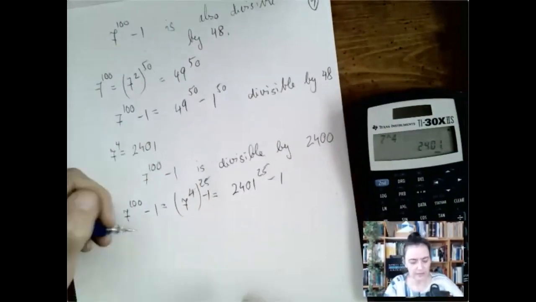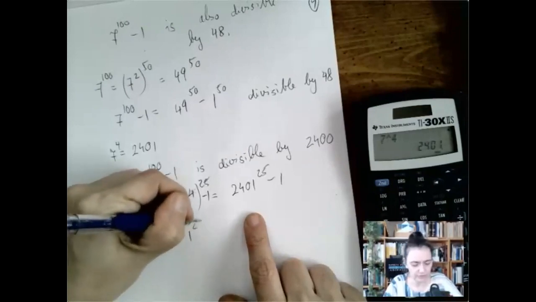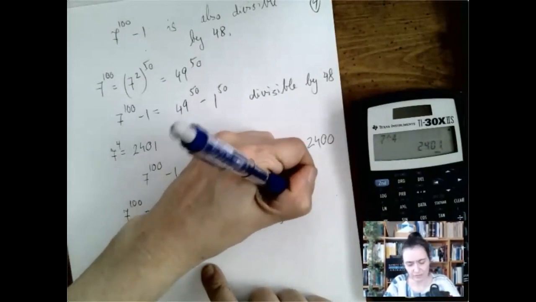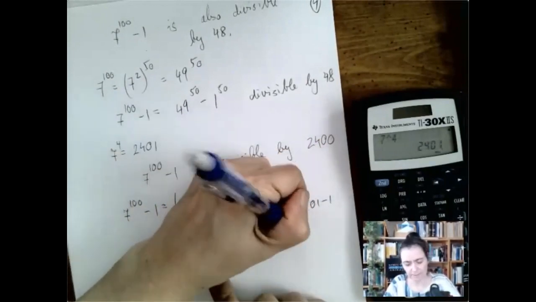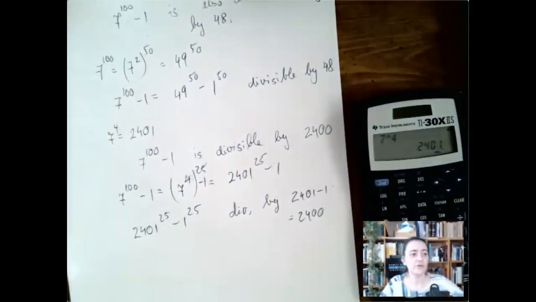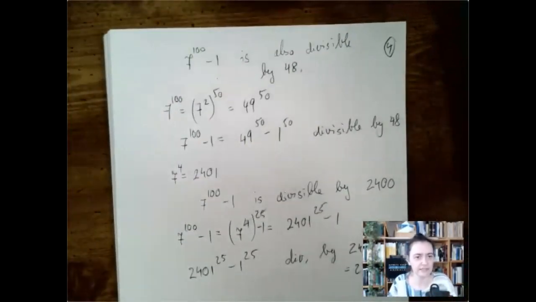And that's 2401 to the 25 minus 1 to the 25, which is divisible by 2401 minus 1, which is 2400. So if someone asks about the last few digits of 7 to the 100th power minus 1, it's not just the last digit, but the last few digits. There are all kinds of divisibility consequences of this lovely factoring technique, and it's very universal.